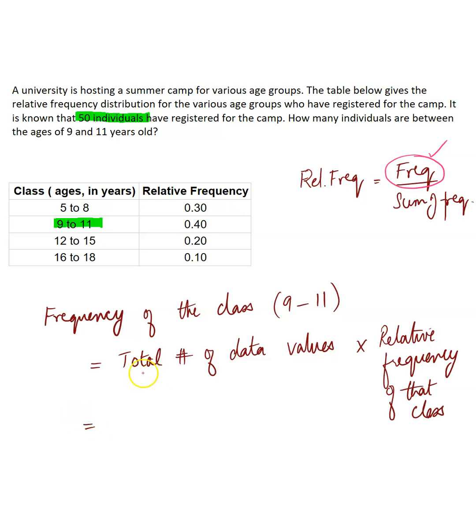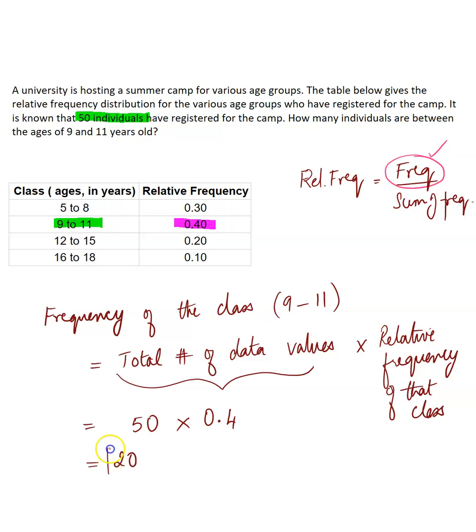So here we have the total number of data values given to be 50 individuals. So that is in the problem. So that's 50 times the relative frequency for that particular class, which corresponds to 0.4, right? Multiply these two and you get 20. So we know that out of the 50 individuals, 20 children fell in the age group of 9 to 11.